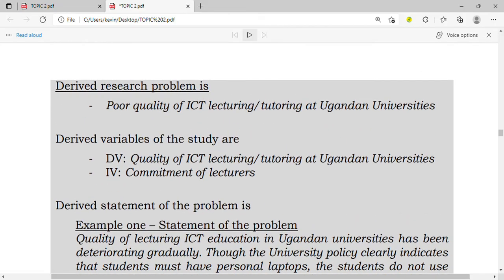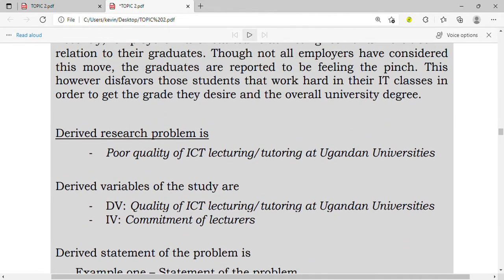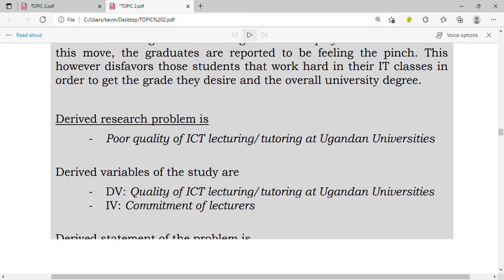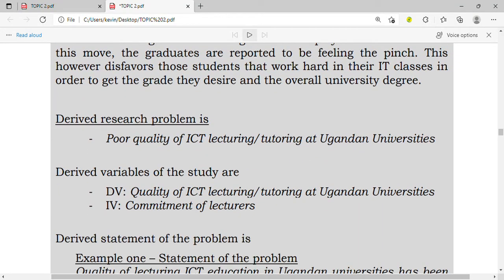So that is the case. The case is about ICT and university students. The derived problem from the study is poor quality of ICT lecturing or tutoring at Ugandan universities.